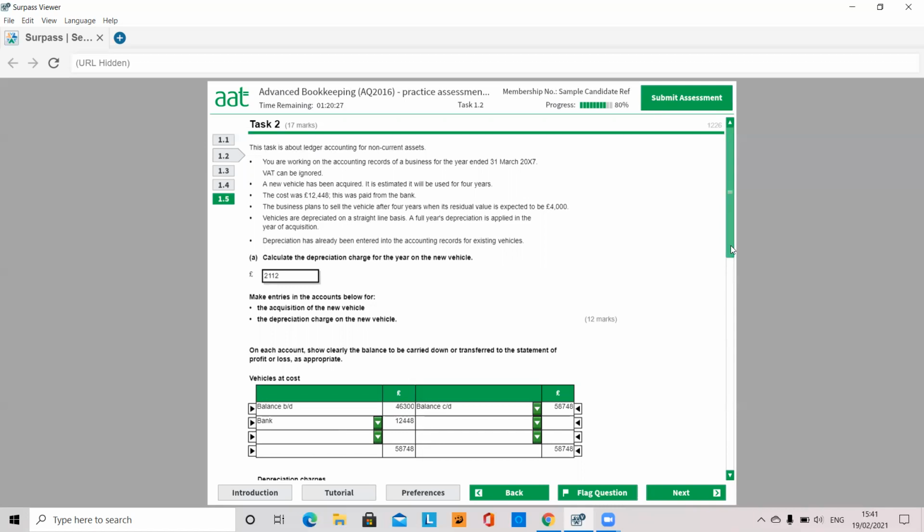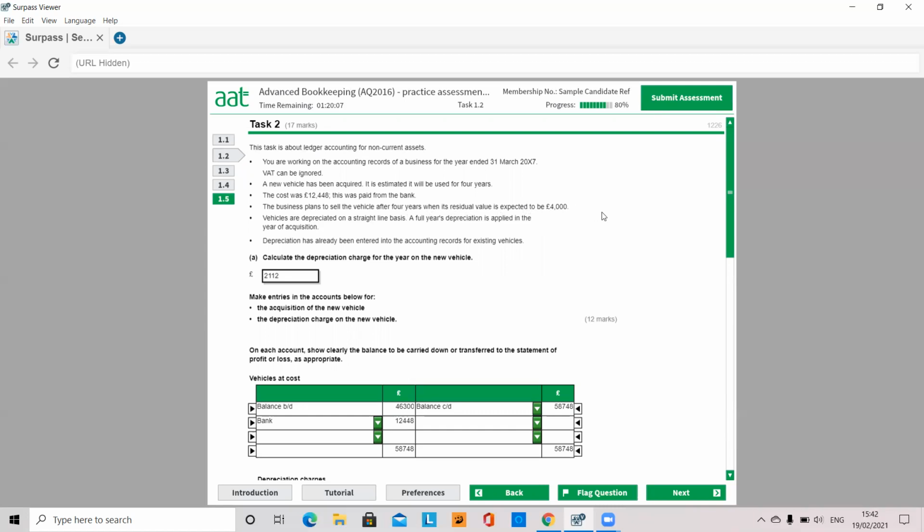Now we want to work out the depreciation charge. So we said before that you do cost, which is 12,448, minus the residual value, which is £4,000, and then you divide it by the useful life, which in this example is 4 years.